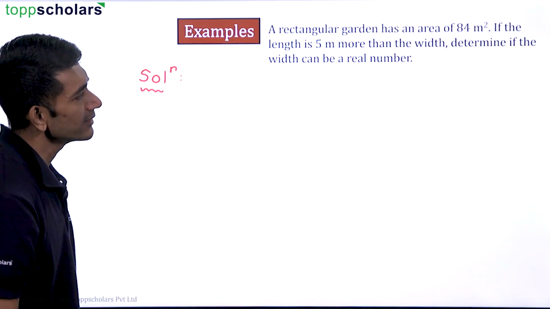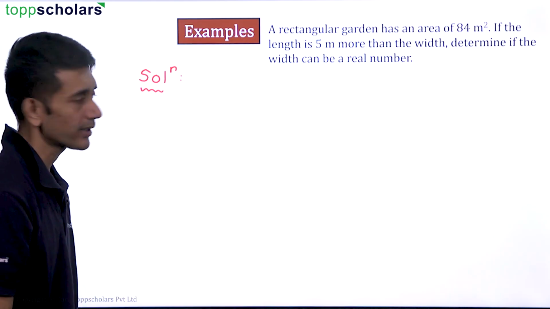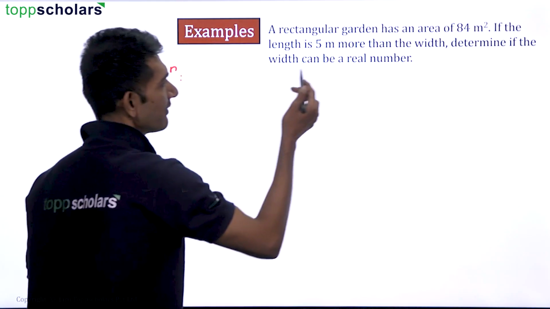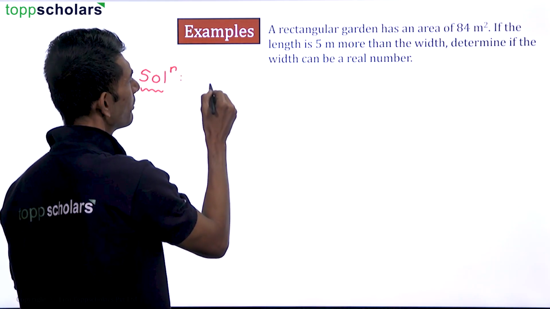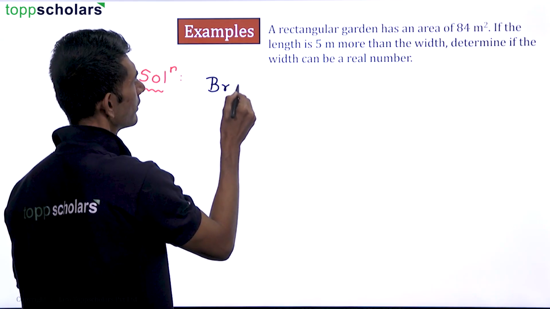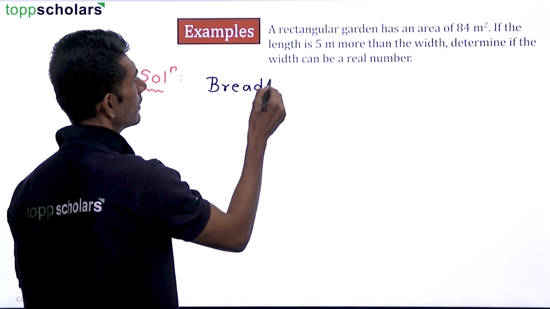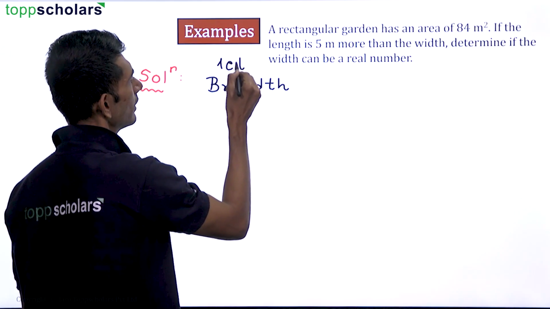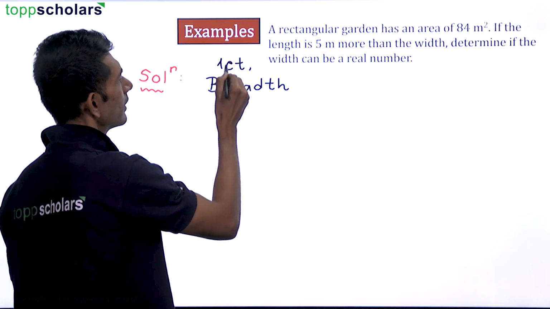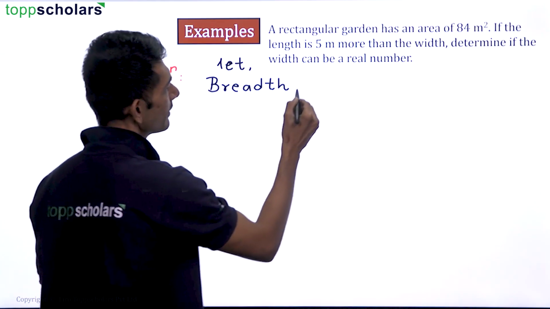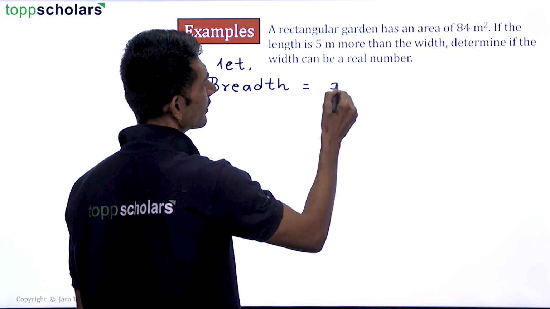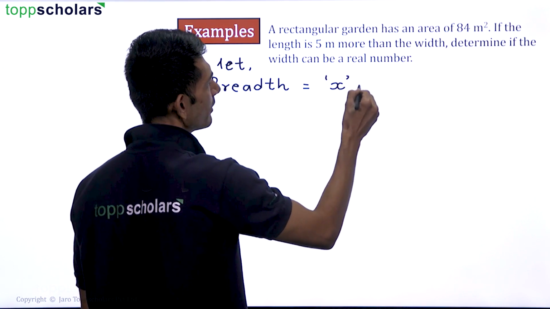So rectangular garden has an area of 84 meters square, right? And length is 5 meter more than its width. If I consider the width or the breadth, so this is our assumption, let the breadth be equal to x meters. You can take any variable here.